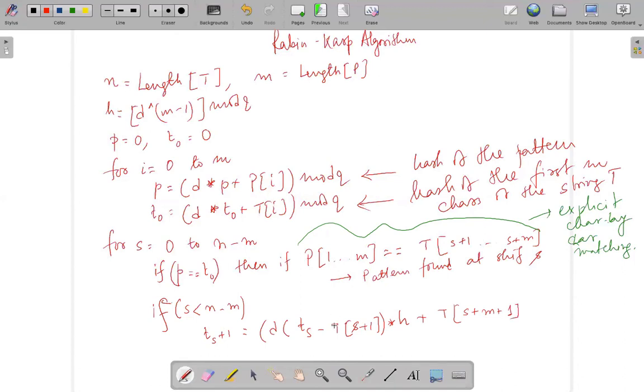Okay. So this ts+1 will in constant time compute the next hash from the given value of ts, right? So the algorithm is as simple as this.